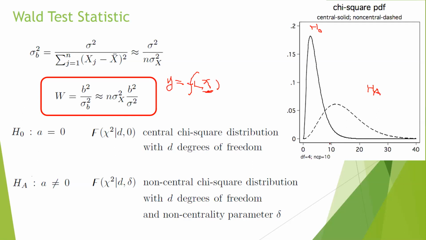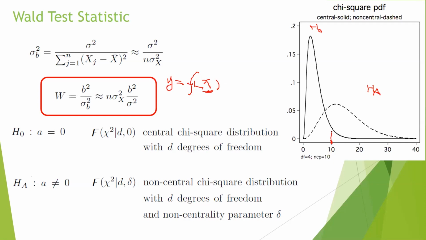So for example, if you want to calculate the density for the chi-square statistic equal to 10, what is the density for the chi-square statistic equal to 10 when the null distribution is true?